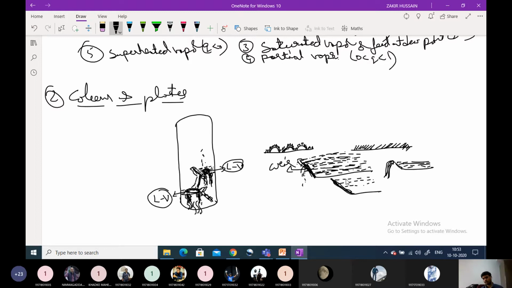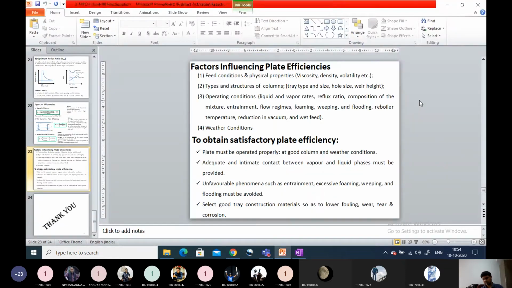Then only the efficiency will be ideal. Otherwise, the efficiency will be reduced drastically when we have a very low weir height, or on the other hand a very high weir height, then the operating cost or operating time will be very high. Therefore, a proper optimum weir height needs to be designed when we are designing the distillation column.